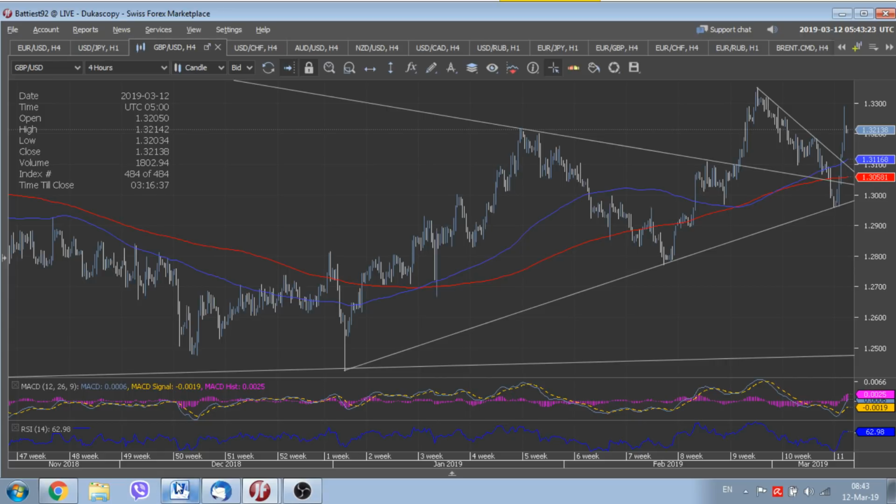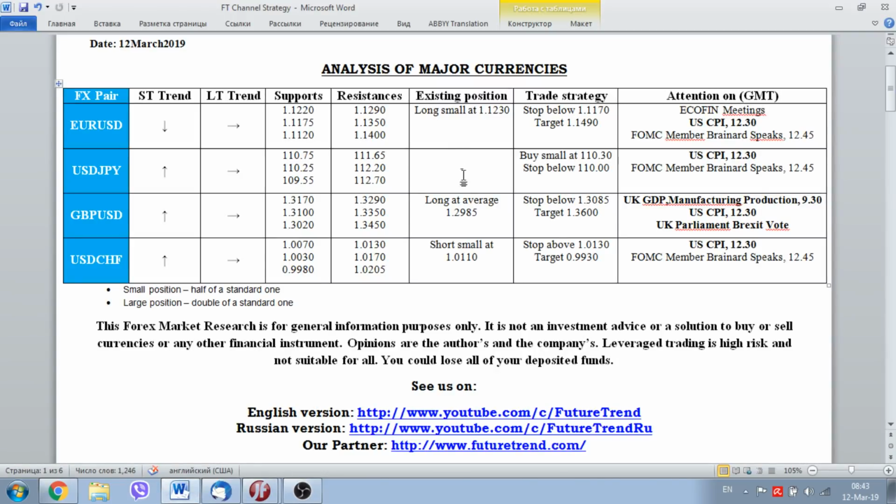At the moment we have a long position at an average price of 129.85, accumulated during the previous trading session on a drop below 130. We suggest that in case of a positive vote on the Brexit deal, approval of today's draft by the UK Parliament, we could easily see another 3 big figures to the upside.